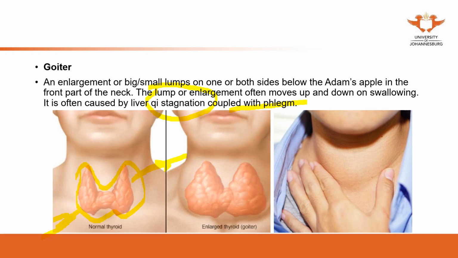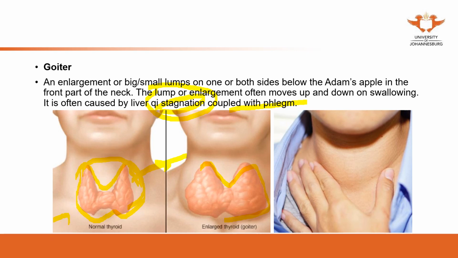And now if something is blocked there, that's the qi stagnation. If something blocks the exit and the qi is still going in, it is very similar to a balloon being blown up. That's why it becomes enlarged. That's how we understand qi stagnation and phlegm.